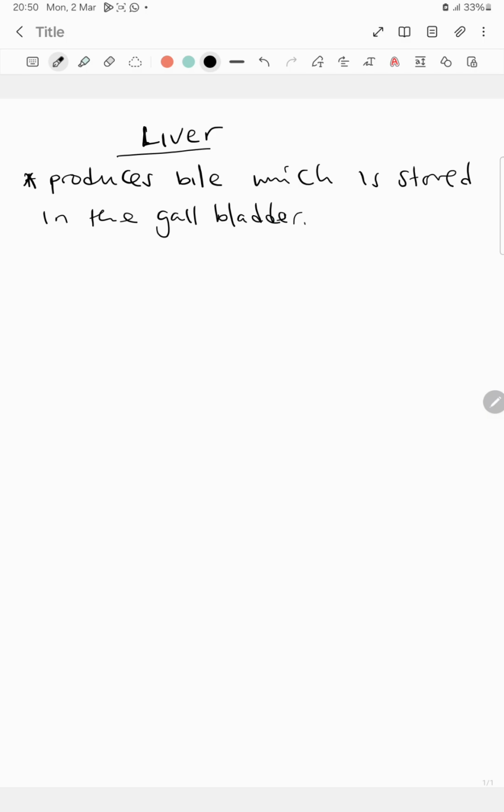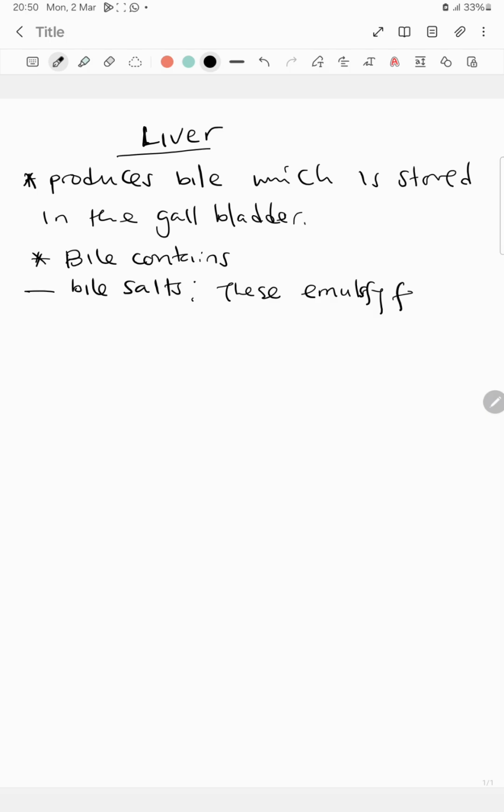Then the other thing we need to know is that the same bile contains the following. Number one, it contains bile salts. These emulsify fats.